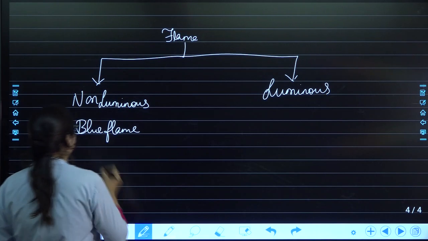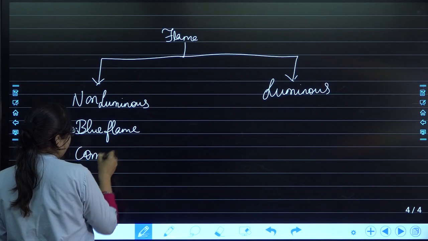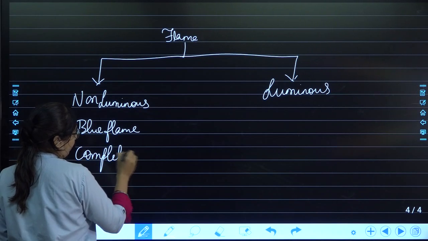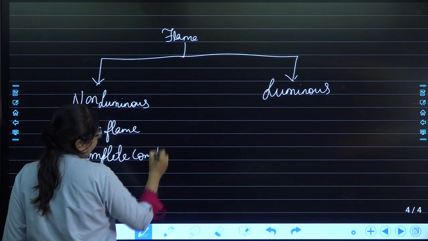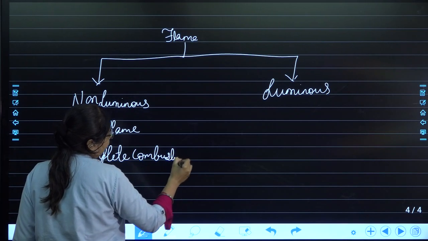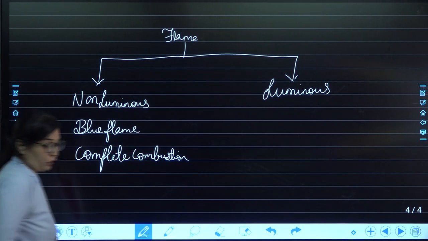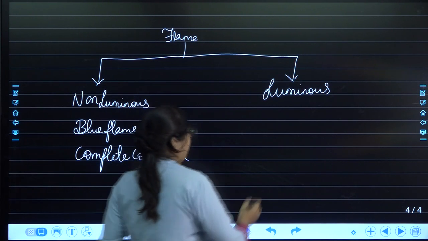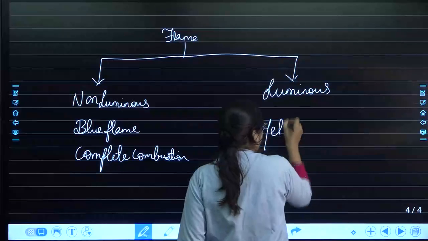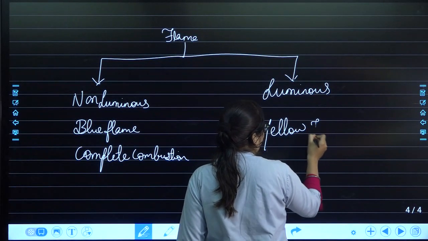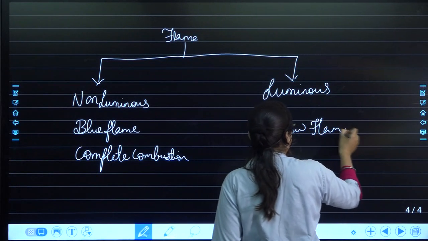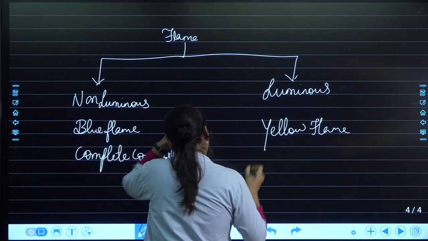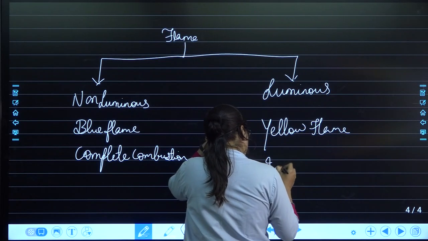Here complete combustion is carried out. In luminous flame we can see the yellow flame, and incomplete combustion is carried out.